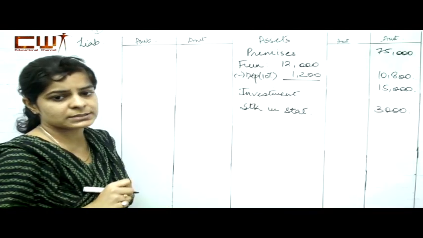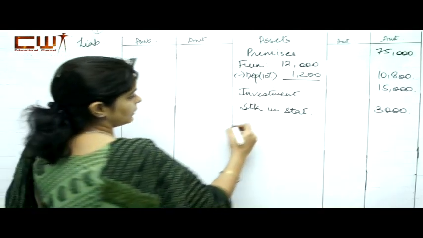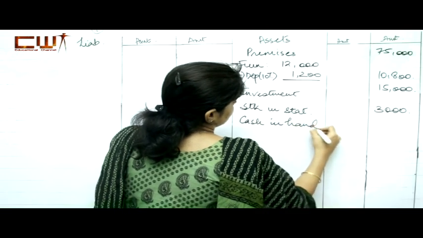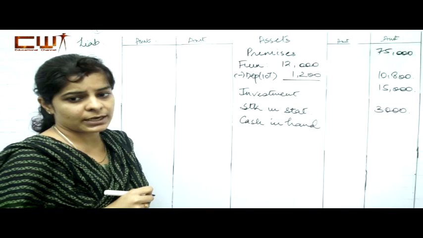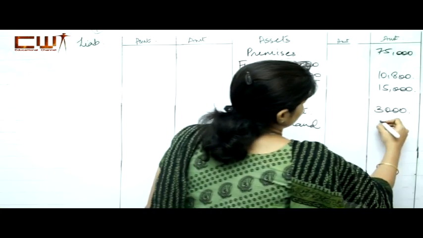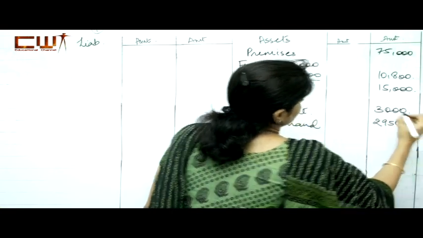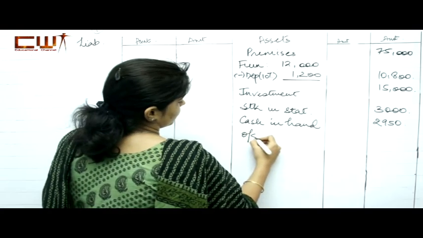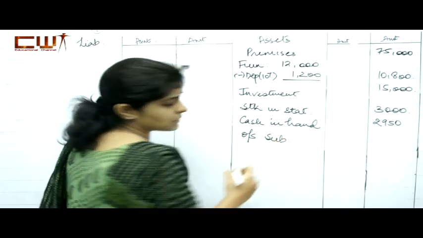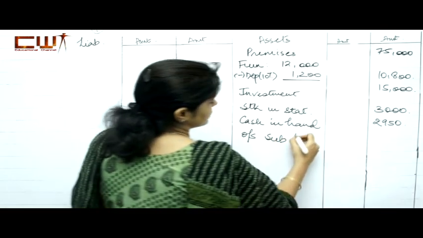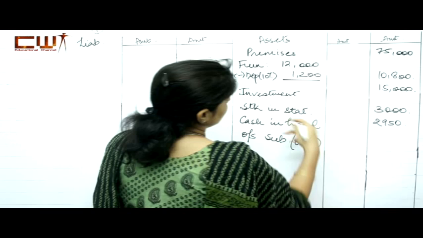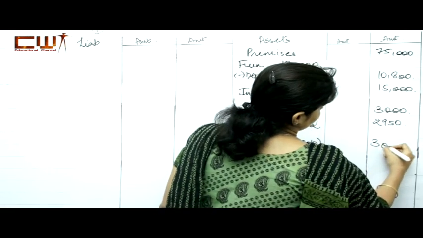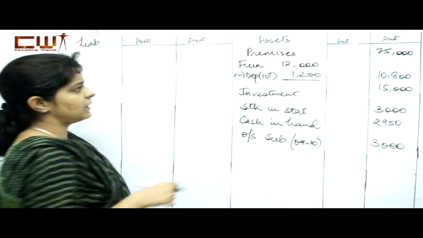Right, the closing stock of stationery has come. Cash in hand is given as 2,950. Last is outstanding subscription for 2009-10, that is the particular year you are making the balance sheet for, and that is 3,000. So you have completed the asset side.